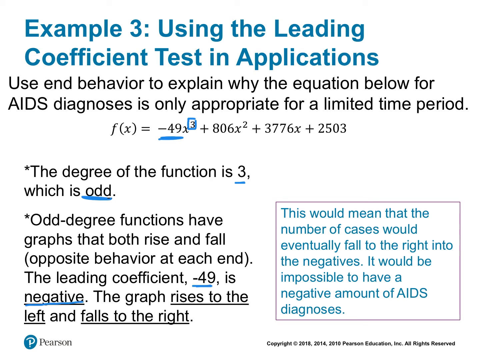If you look back at that chart we had, this would mean that the graph rises to the left, and it doesn't really matter what it does in between. We know that it's eventually going to fall to the right.